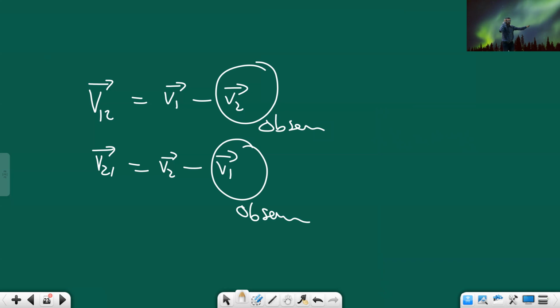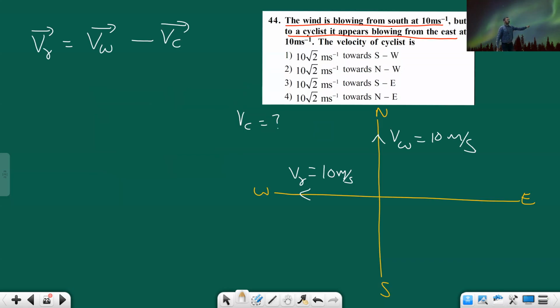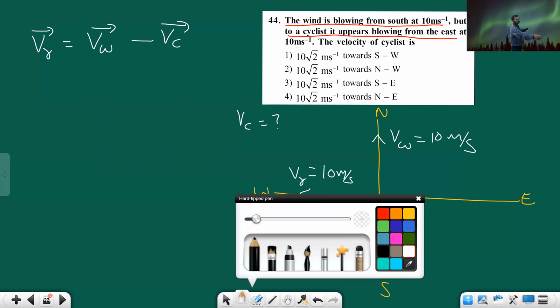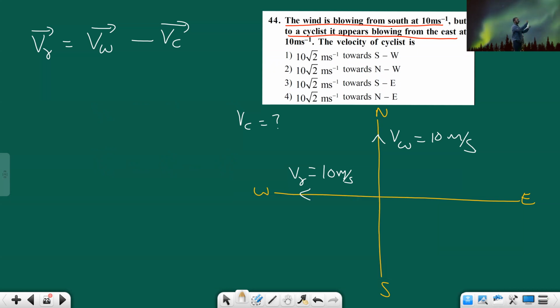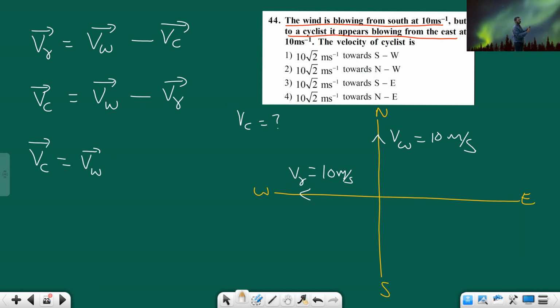If you keep that in mind, the direction confusion will be erased. Here the wind is not the observer; the cyclist is the observer. So the relative velocity I wrote like that. Now they're asking me to find VC bar. If I take that side, I can write VC bar equal to VW bar minus VR bar.